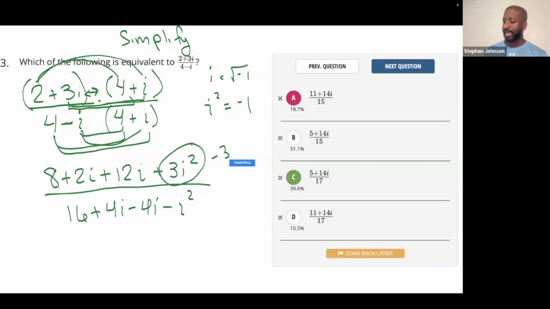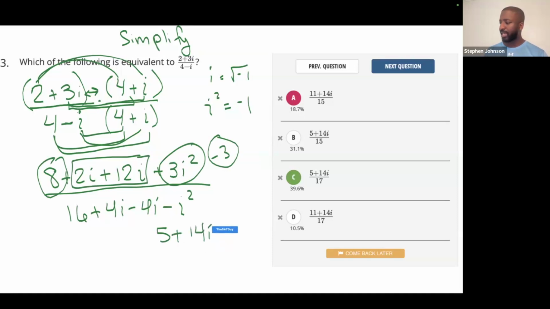So I'm going to say 8 minus 3 is 5, and then 2i plus 12i is a positive 14i. And like I usually do, I look at my answer choices, and this tells me that if I want 5 plus 14i in the numerator, choice A is gone, and choice D is gone. I still need to do some more work to figure out whether the answer is B or C.